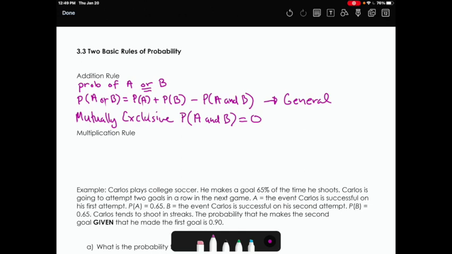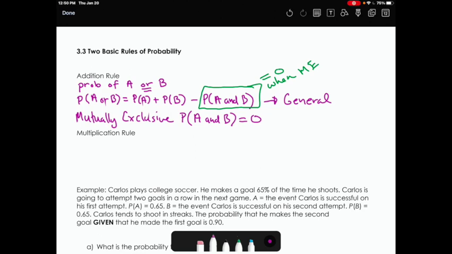So in the case that you have something that's mutually exclusive, your probability of A or B is just going to be the probability of A plus the probability of B, because in the event that it's mutually exclusive, this is going to be equal to 0. And I'll abbreviate ME for mutually exclusive. So that's a special case with the mutually exclusive.